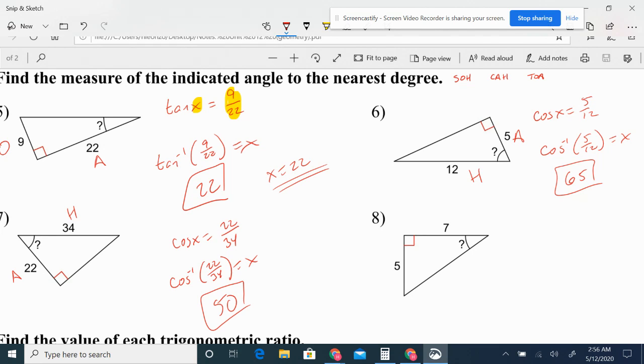All right, let's take a look at question number 8. I'm given the opposite and the adjacent. So based on that, I'm going to be using tangent. I'm just going to say that tangent of x is equal to 5 over 7. So tangent inverse of 5 over 7 is equal to x.